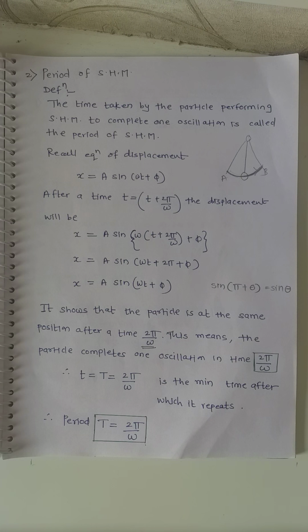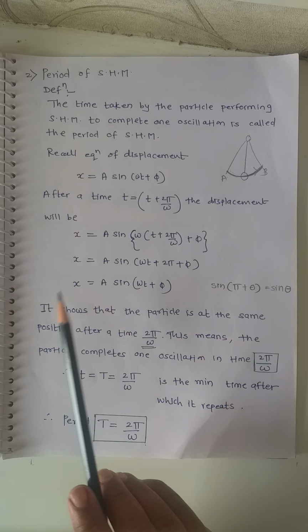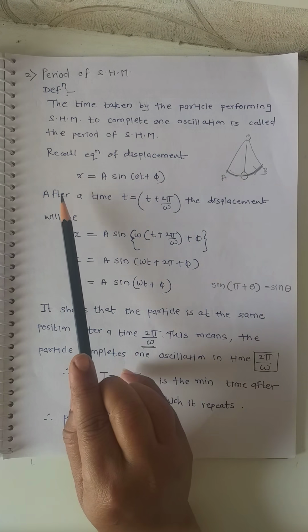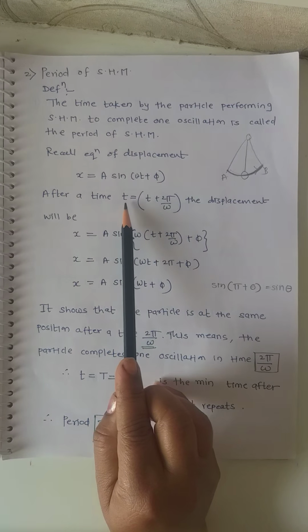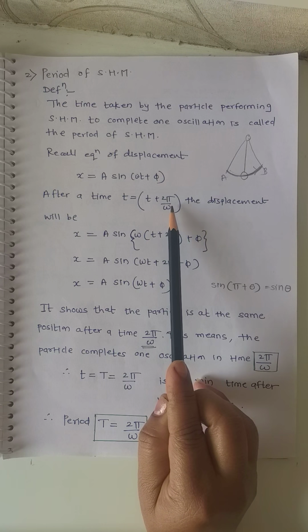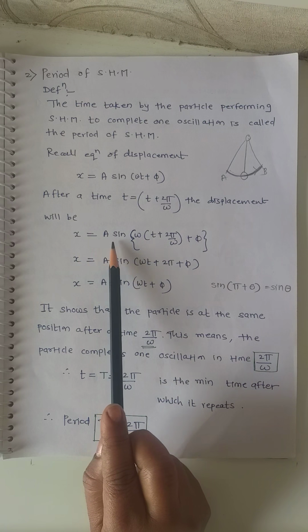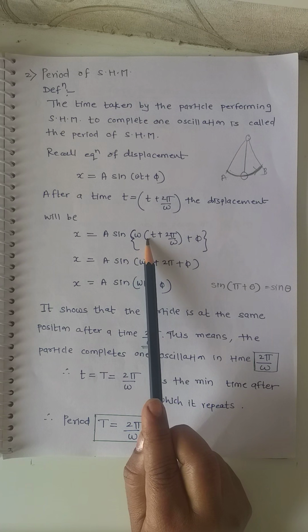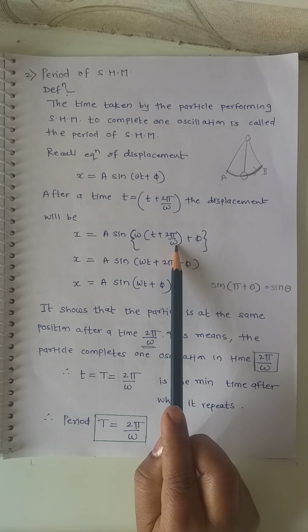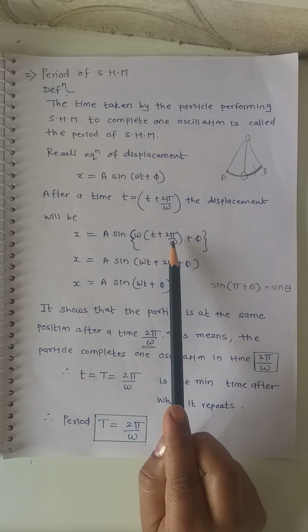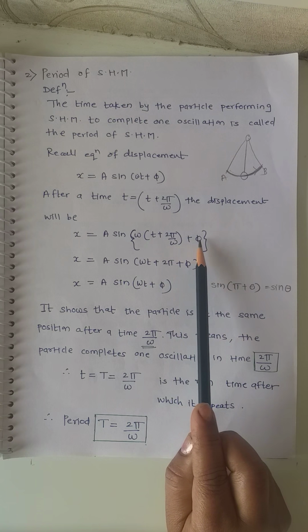Now again recall the equation of displacement to find out what is period of simple harmonic motion. The equation for displacement is x is equal to a sine omega t plus phi. After time t plus 2 pi by omega, displacement will be x is equal to a sine omega into t plus 2 pi by omega, plus phi.